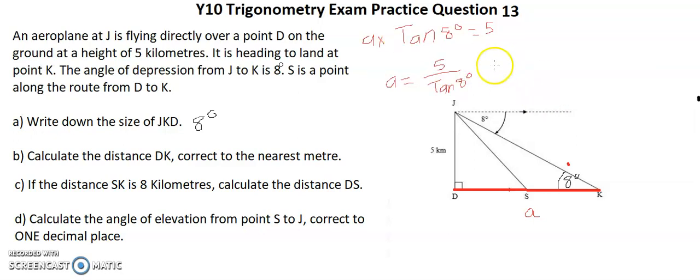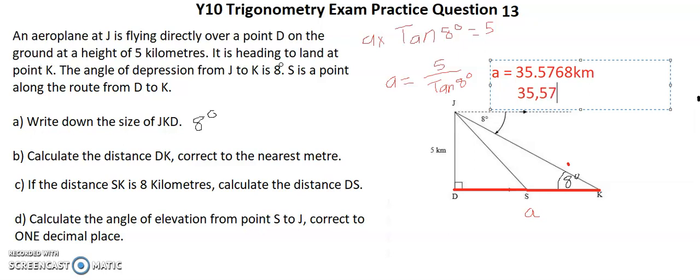So that gives me my A, and my A is worth 35.5768 kilometers. I wrote it with lots of decimals because it's asking us to say it in the nearest meters, which is 35,577 meters if I round it to the nearest meter.